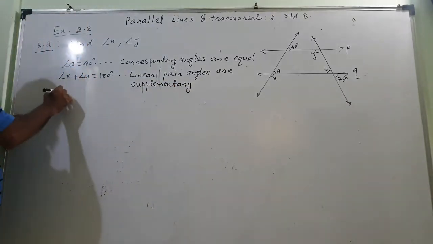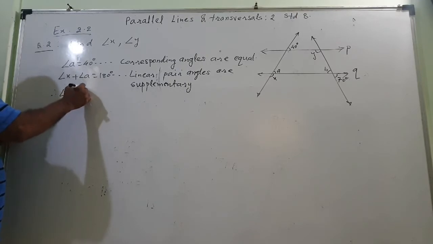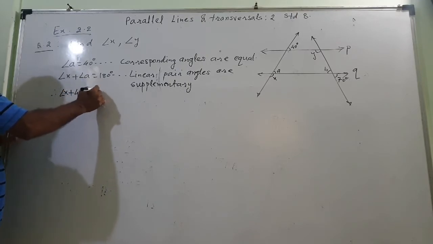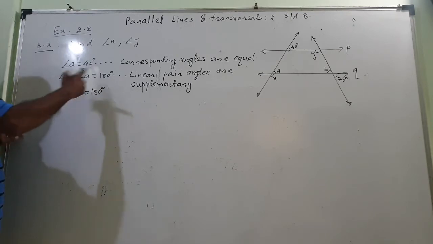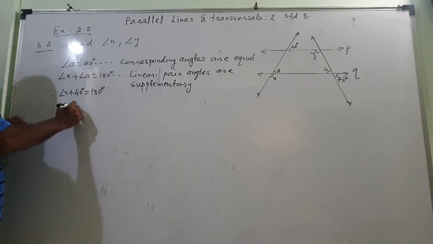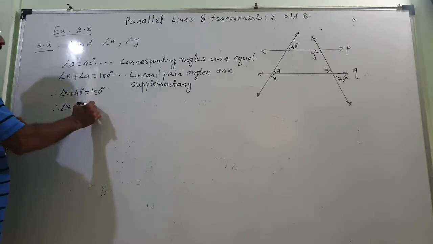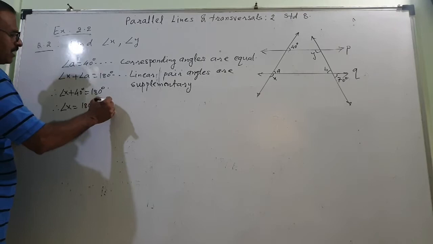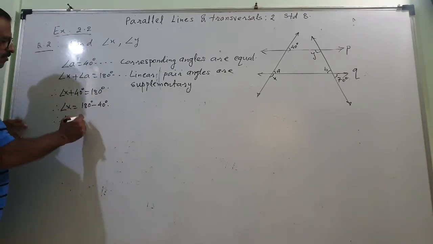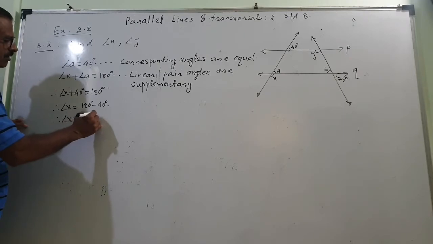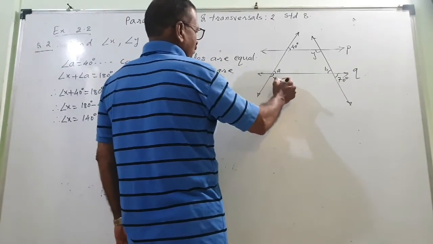Therefore, angle X plus angle A, we have found it is 40 degree, that is equal to 180 degree. Therefore, this 40 is plus, on that side it will become minus. Angle X is equal to 180 degree minus 40 degree. And therefore, angle X is equal to 180 minus 40, which is 140 degree.